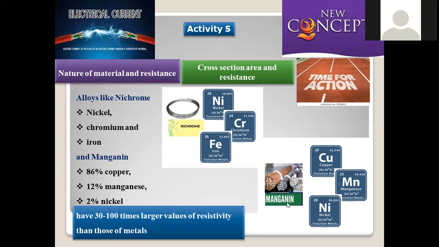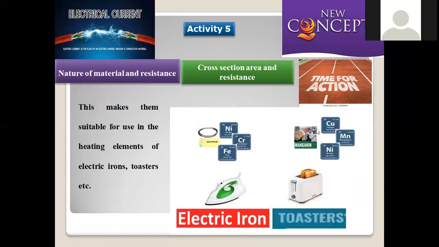So a mixture of these three is able to create the alloy. And when such alloy forms are taken, their resistance values are exceptionally large. They offer the highest resistance when compared to normal metals. That's the reason why they have a specific kind of applications too.